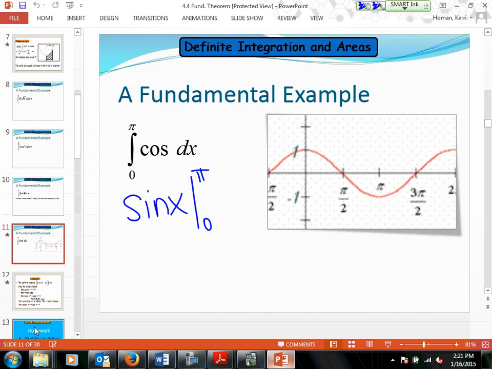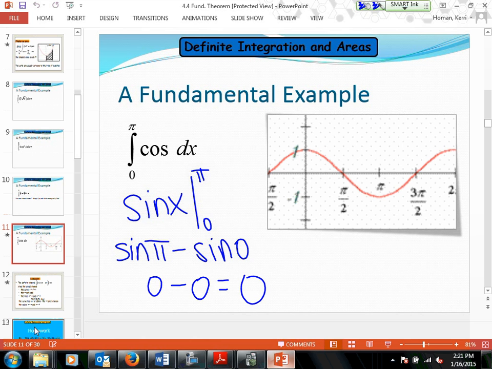Positive sine, guys, come on. I need to give you a real quiz. So we're going to take sine of pi minus sine of 0. What's the sine of pi? 0. Minus the sine of 0. Also 0. It's 0.